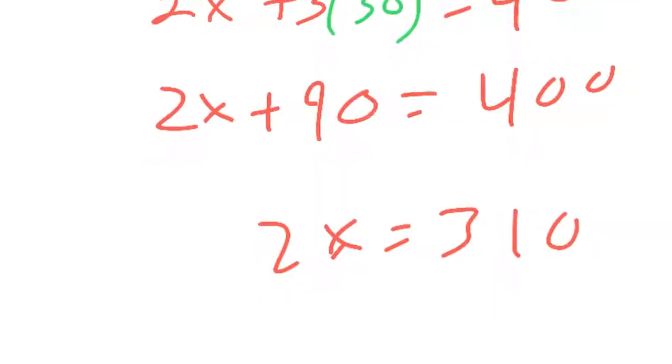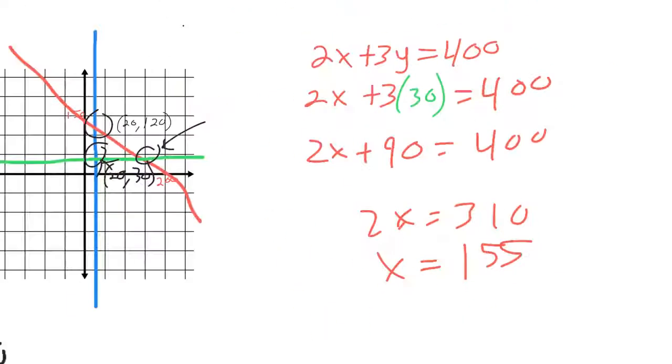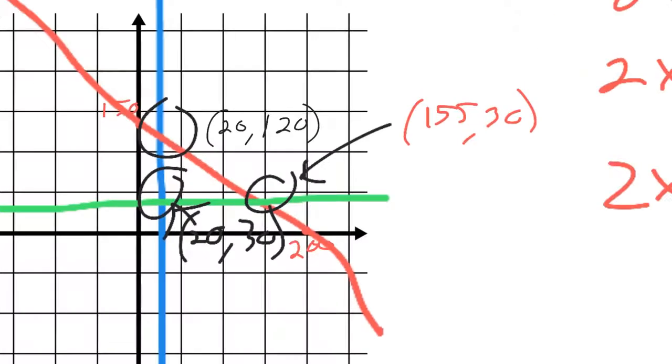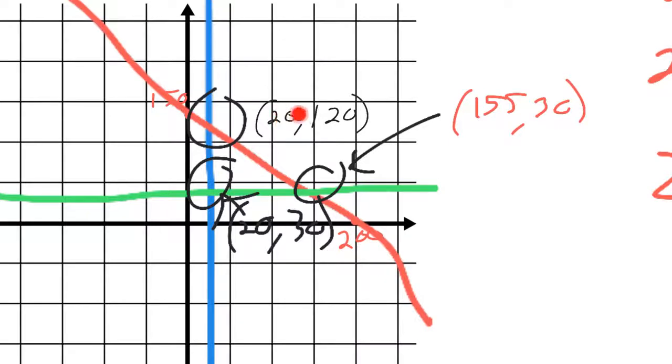So you divide both sides by 2, you get that x is 155. So we got the x coordinate now. This one's 155, 30. So now we have all three vertices: 20, 120; 20, 30; and 155, 30.